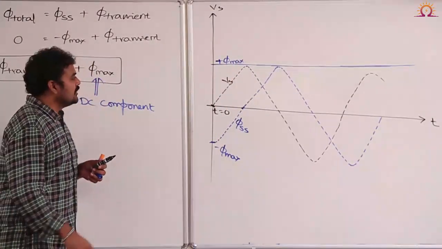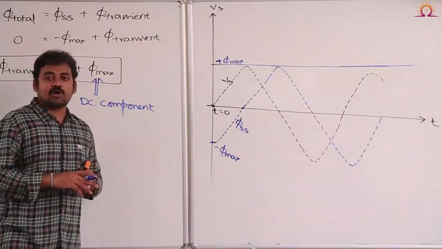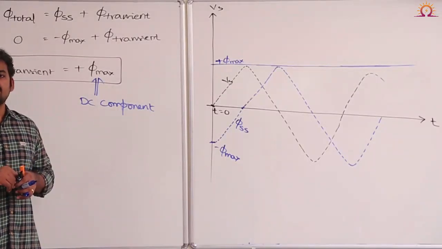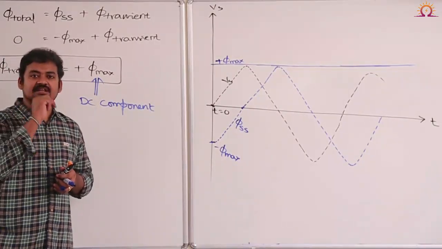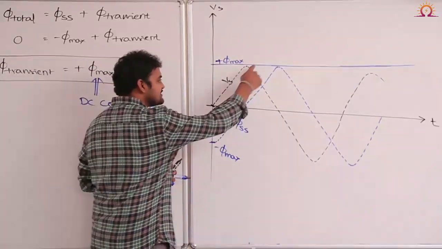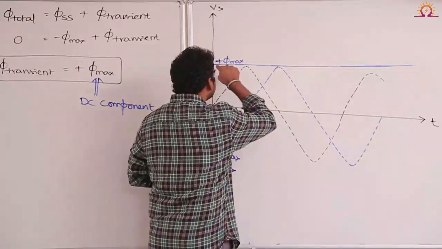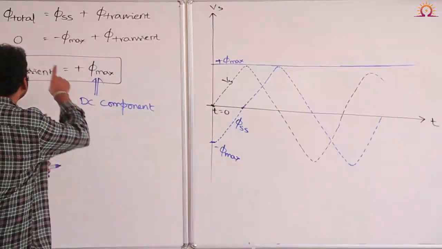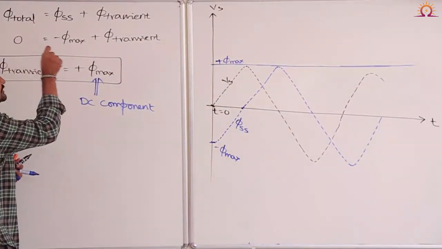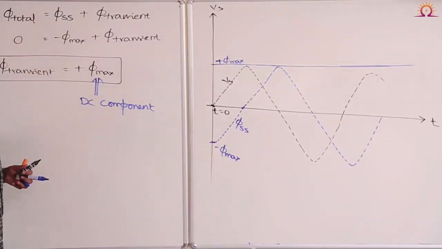Understand or not? So therefore, how many flux components are available right now in the transformer core? Two flux components. One is steady state, another one is transient. Steady state flux is purely sinusoidal and transient flux is purely DC component. Therefore, resultant flux is equal to 0 at the time of switching. Am I right?